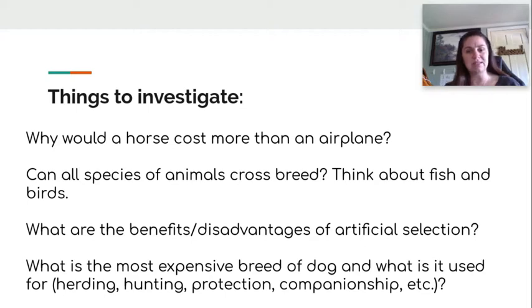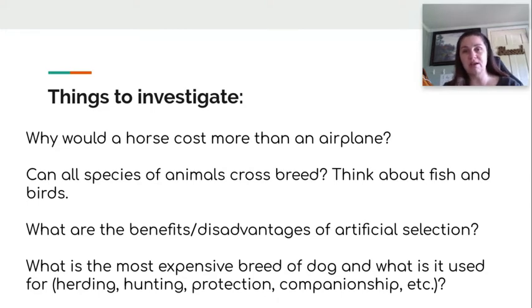And then what might be some of the benefits and disadvantages of artificial selection? I would say maybe try to list 3 benefits and 3 disadvantages of artificial selection. Give some specific examples. And then last, what is the most expensive breed of dog and what is it used for?